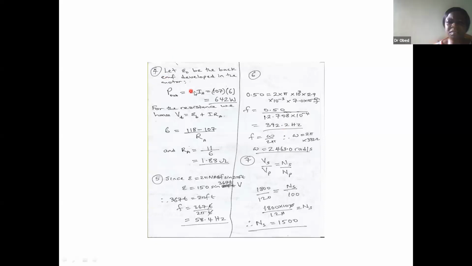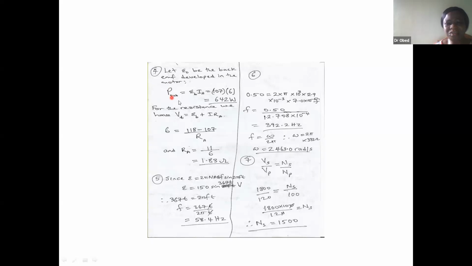So as I was saying before the rude interruption, question 4 is solved this way. Let epsilon naught be the back EMF developed in the motor.